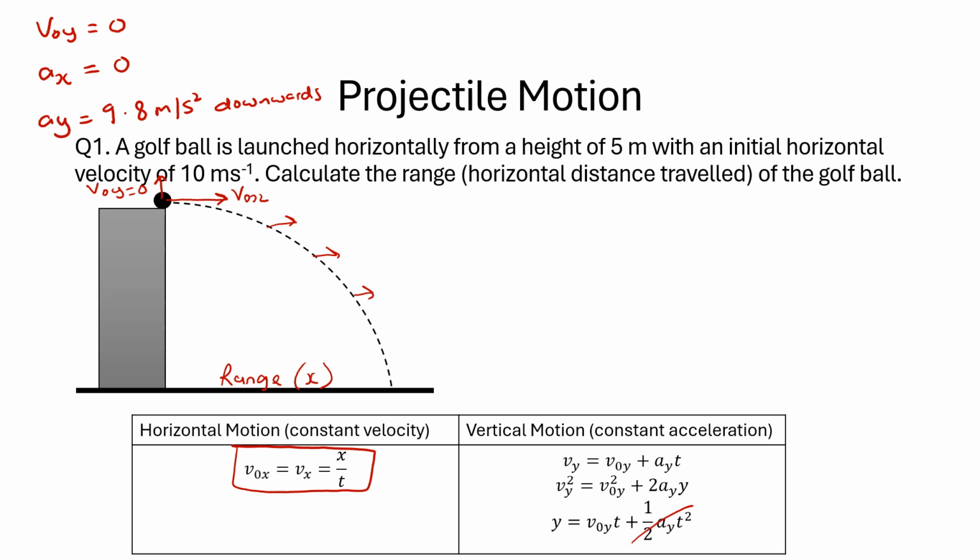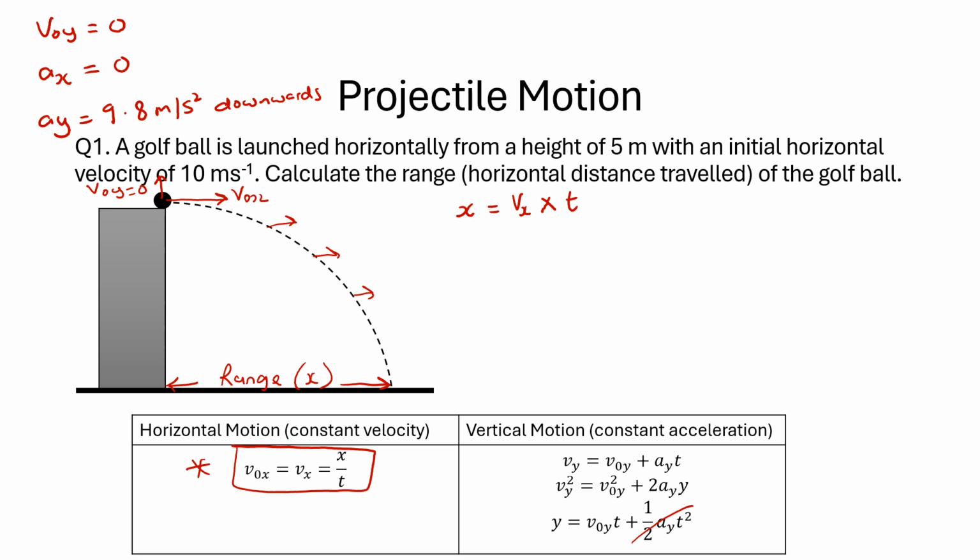So what is the range? As we can see, the range is a maximum horizontal distance. It's a horizontal distance, so we need to use this formula to find x. Let's make x the subject. So x, the range, is equal to Vx or V naught x times the time. Do we know the initial velocity in the x direction? Yes, we do.